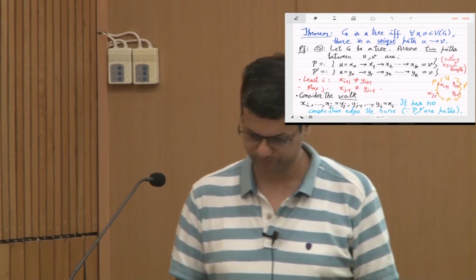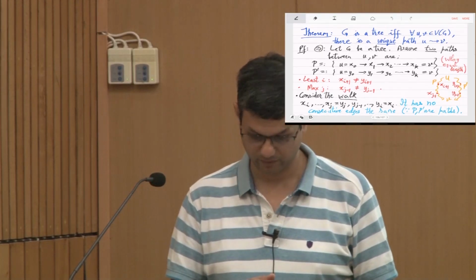So the question is, again, this i and j, do they exist or not? Is there anybody here who says that they may not exist? I mean, it's simply an array. You just keep building the sub-array of P and sub-array of P prime.